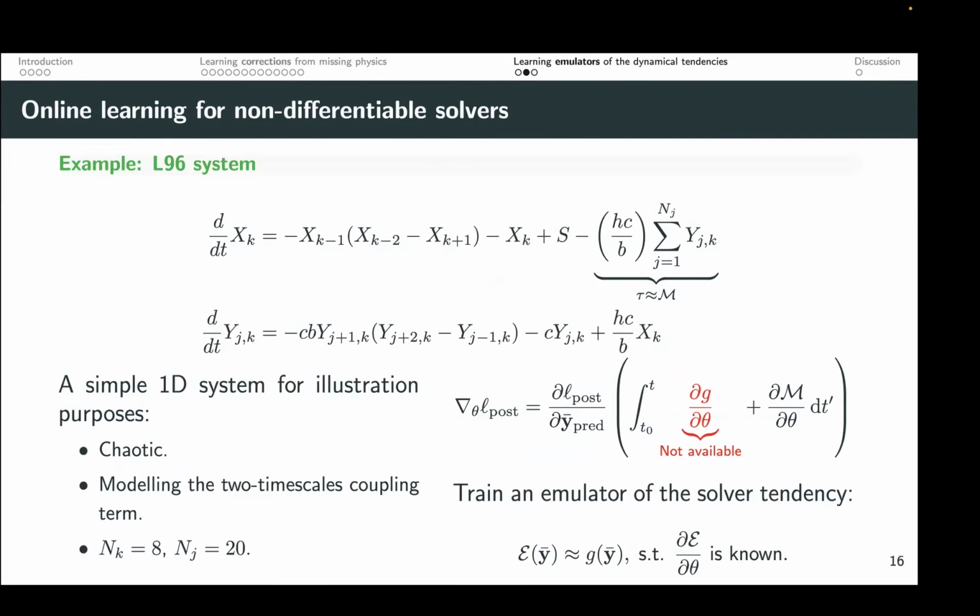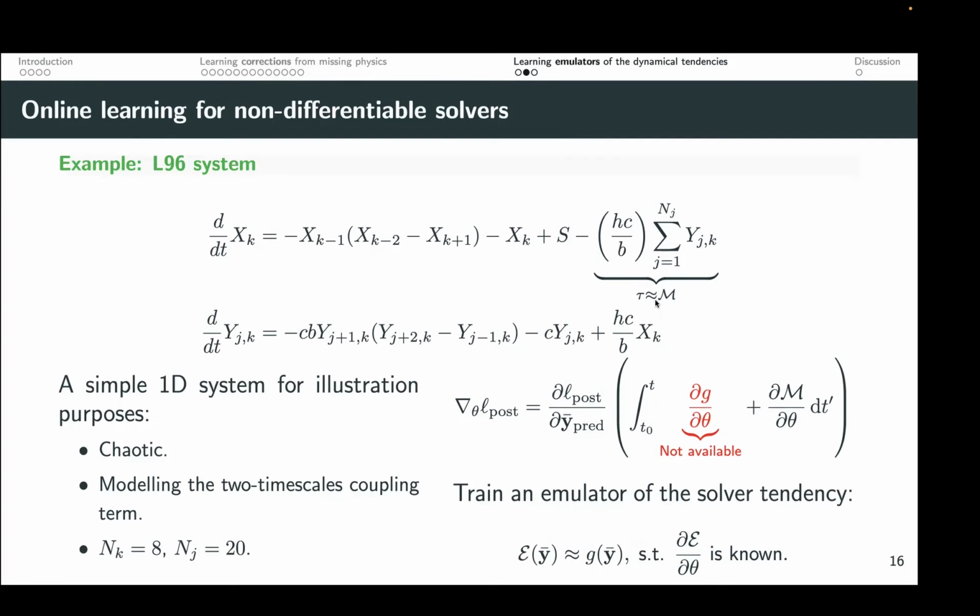And so I don't want to go through this. Let's jump right there. We wanted to explore a little bit the deep emulator approach, where we emulate the small scale dynamics so that we can learn a subgrid correction, but using an online learning loss. Just for illustration, we took a very small, very simple model, the Lorenz 96. It's still chaotic, and you have two time scales. You have a term on the right that is coupled with the second equation, and we can say that it's a subgrid term.